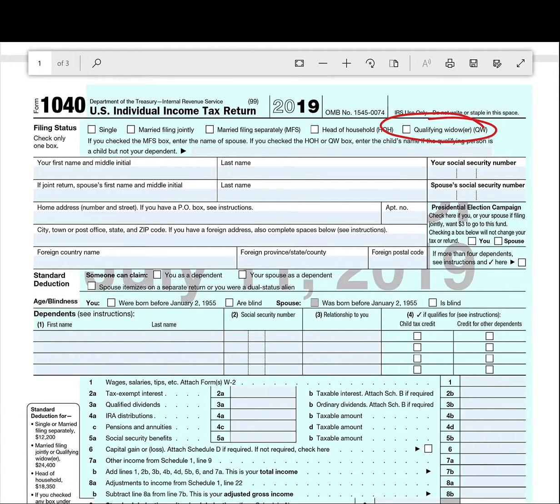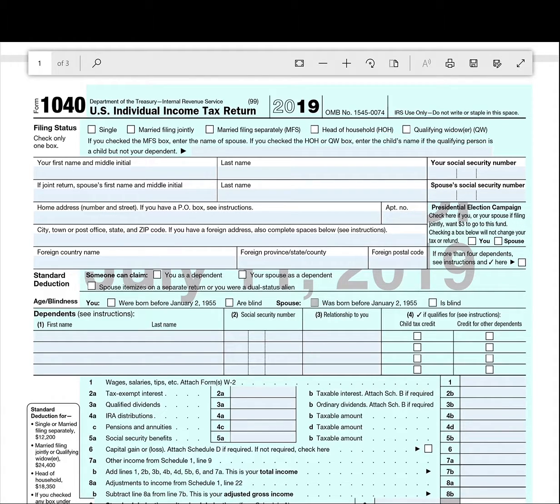You also must have paid more than half the total cost of keeping the home in which you and the child live, including food expenses, rent or mortgage interest, home insurance, real estate taxes, utilities, repairs, and more. With this filing status, you will get the same tax benefits that you would receive if you were married filing jointly. This means that you're entitled to the most advantageous tax rates and the highest standard deduction amount.